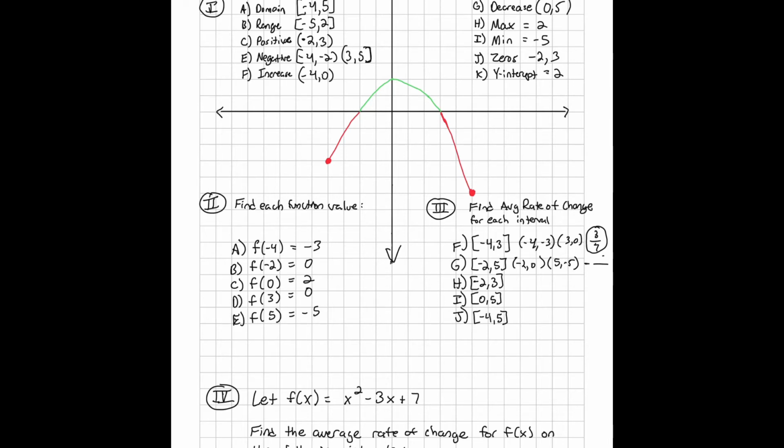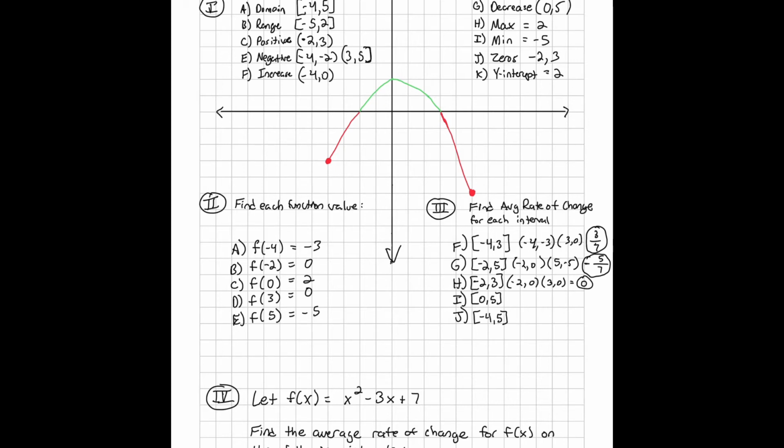The run distance is 7. And then on H, you're going from -2, 0 to 3, 0. And that's just a zero slope. It's a horizontal line.